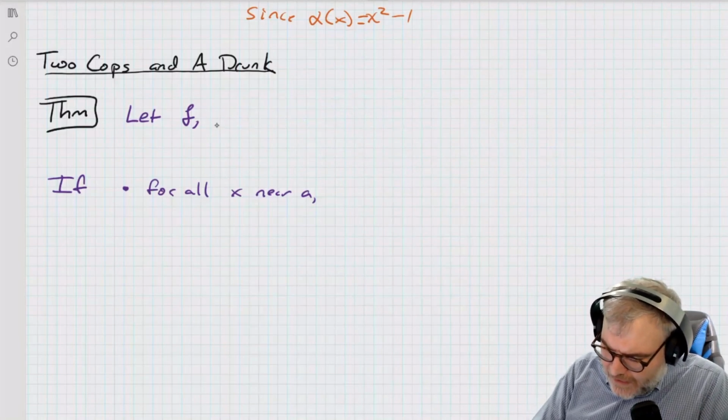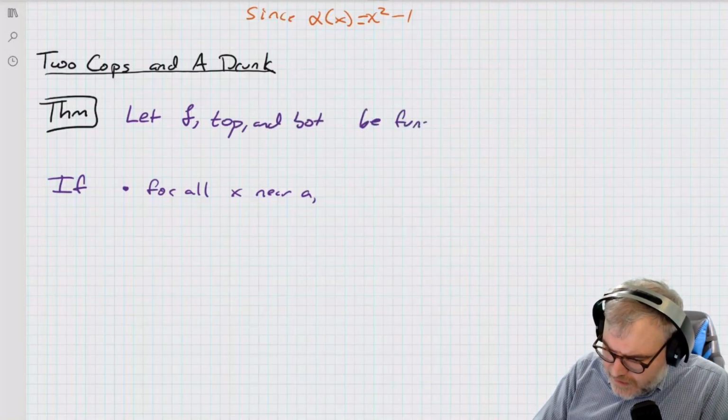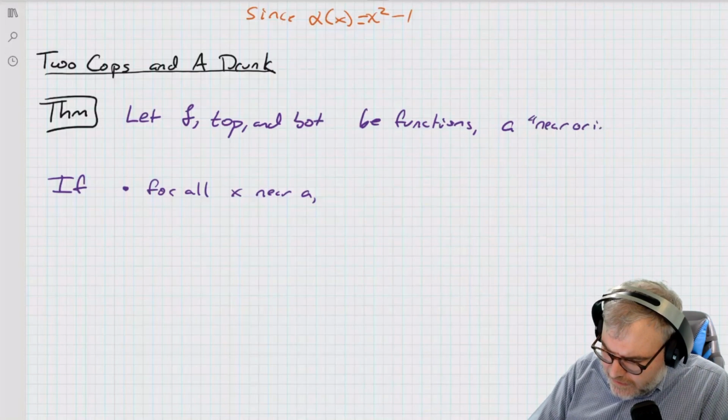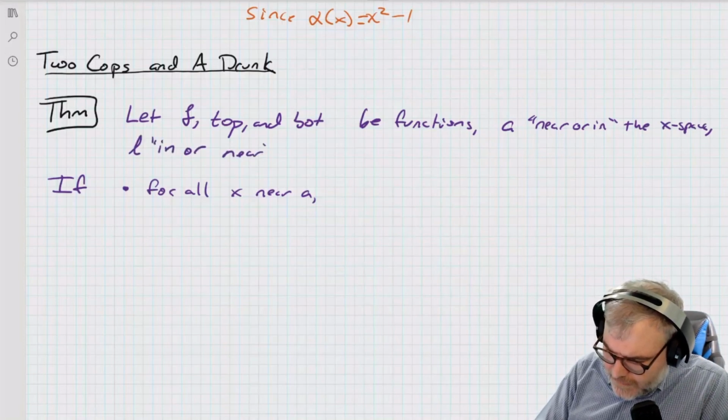Let f, top, and bot be functions, a near or in the x space, L in or near the y space.